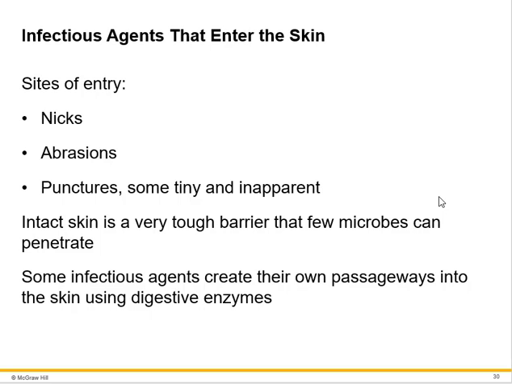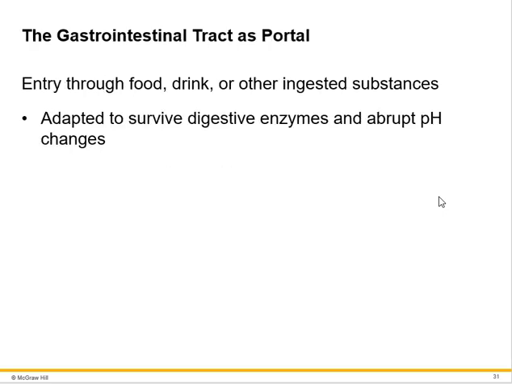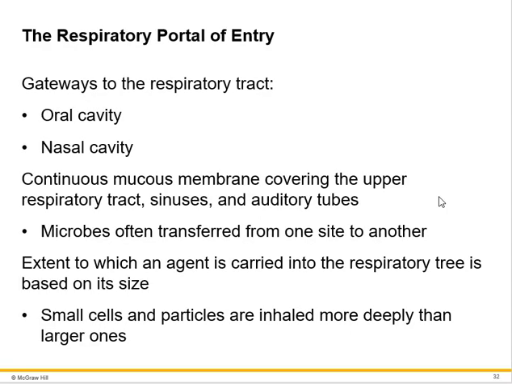Bacteria can just kind of make their way through the skin if they have the correct enzymes and things. But in any case, if you have broken skin, a cut or a scrape or a puncture, that is going to allow them in. Gastrointestinal tract as a portal, they get in through food, water, drinks, and other ingested substances.